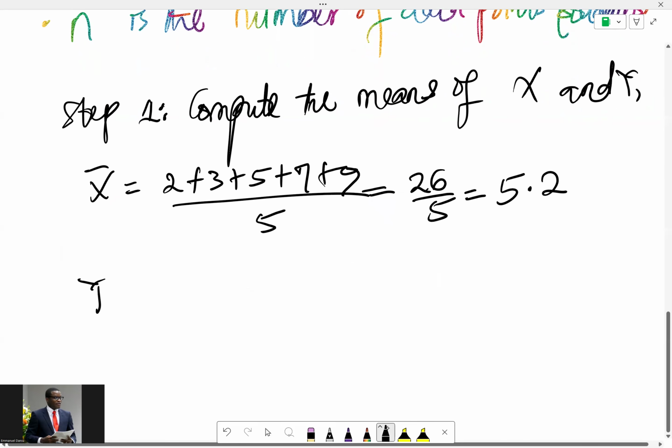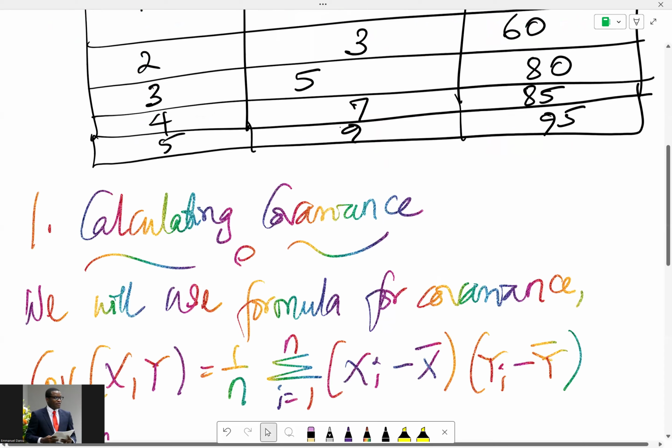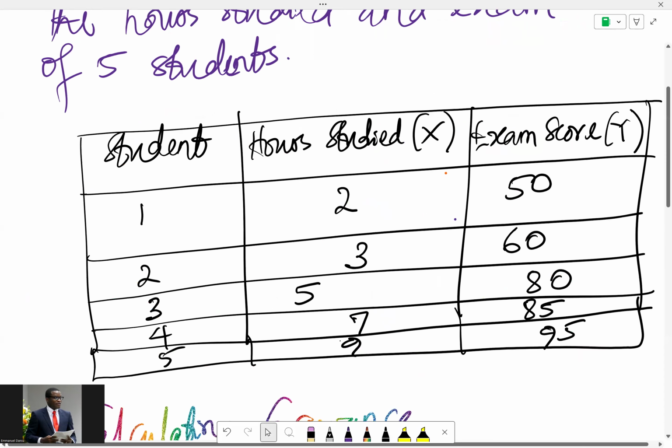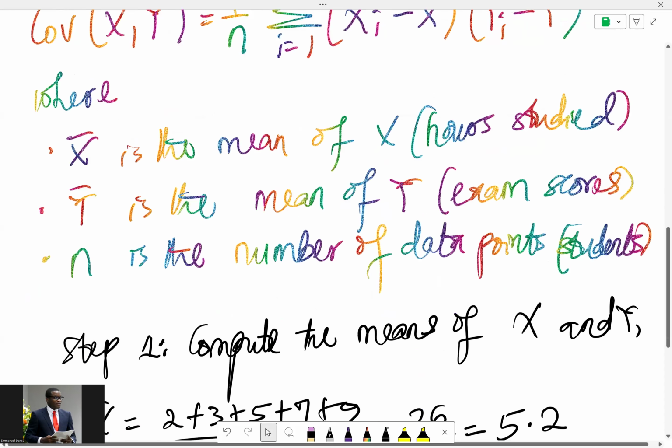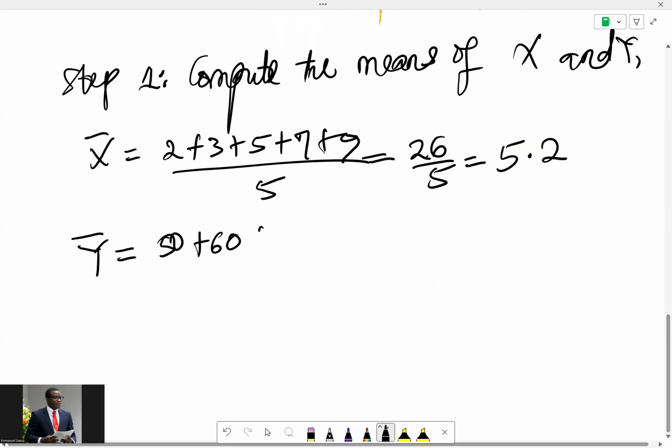Then for Y bar, we have the values there. That's 50, 60, 80, 85, 95. So 50 plus 60 plus 80 plus 85 plus 95, all divided by 5.